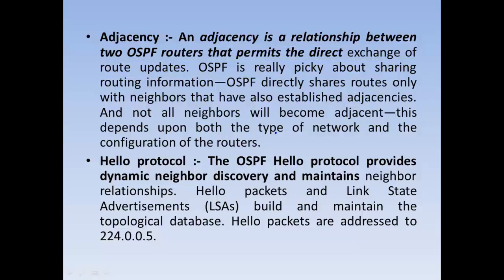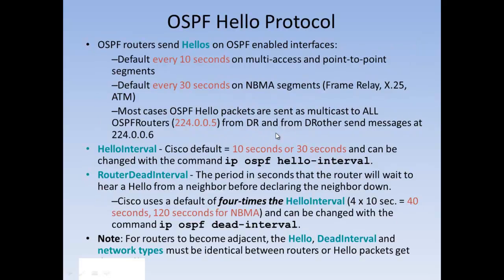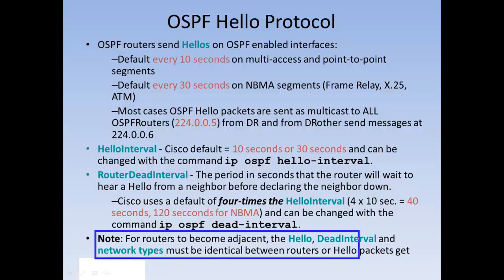Like in my previous slide I told you, like this note: to become neighbors or to maintain the adjacency, these parameters must match on both ends, only then they can become neighbors.